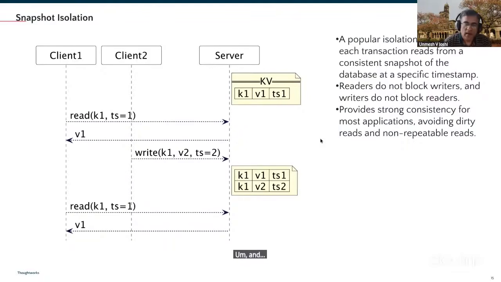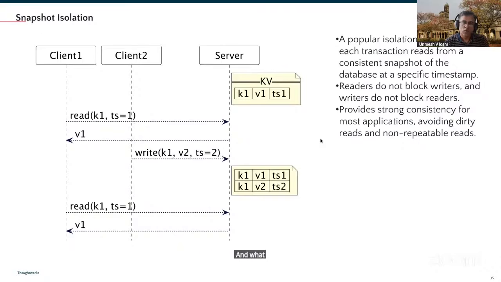And any update or insert that happens, even for the same key, again and again, creates a new version in the storage. So you can see that this key K1, when it's updated by client 2, goes as a new version at timestamp 2.